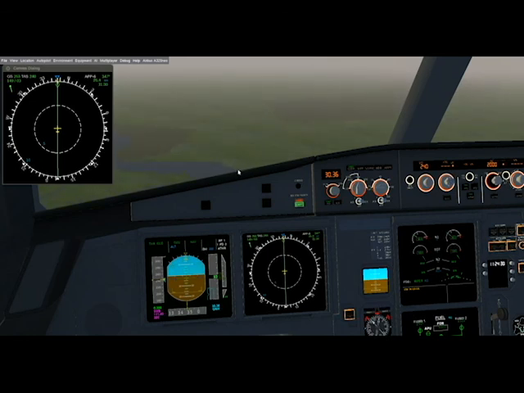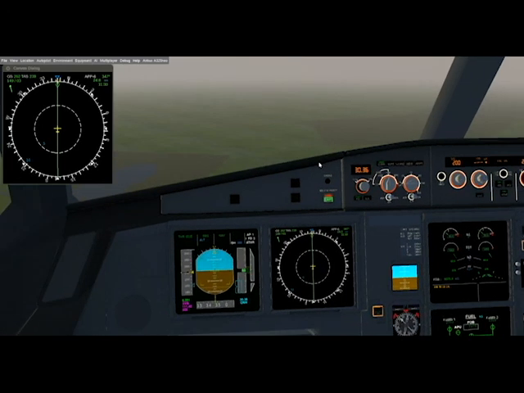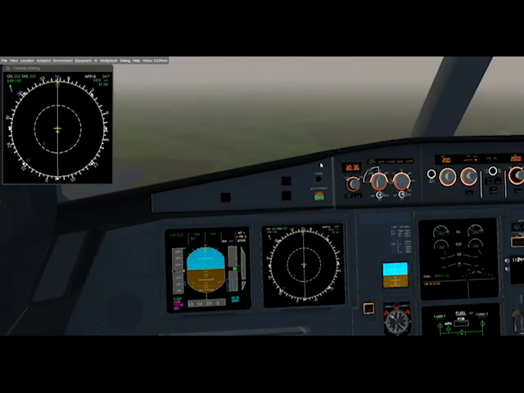At about 5,000 feet, you want to reduce your speed even more. Also, it's a good idea to do a descent calculation every 10,000 feet.